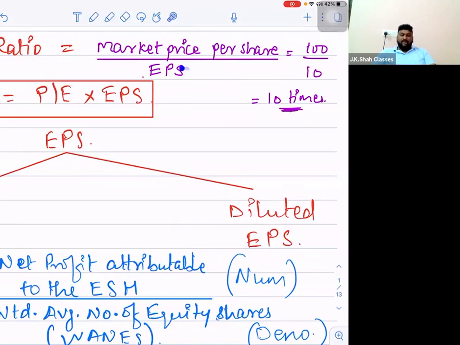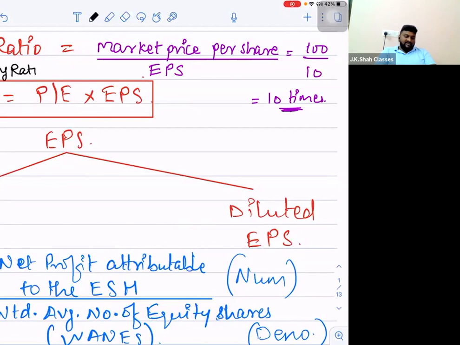Now, why is this formula of EPS so important? To show the importance of EPS, I would also like to shed light on one more formula, the PE ratio. PE ratio is nothing but the price earning ratio.